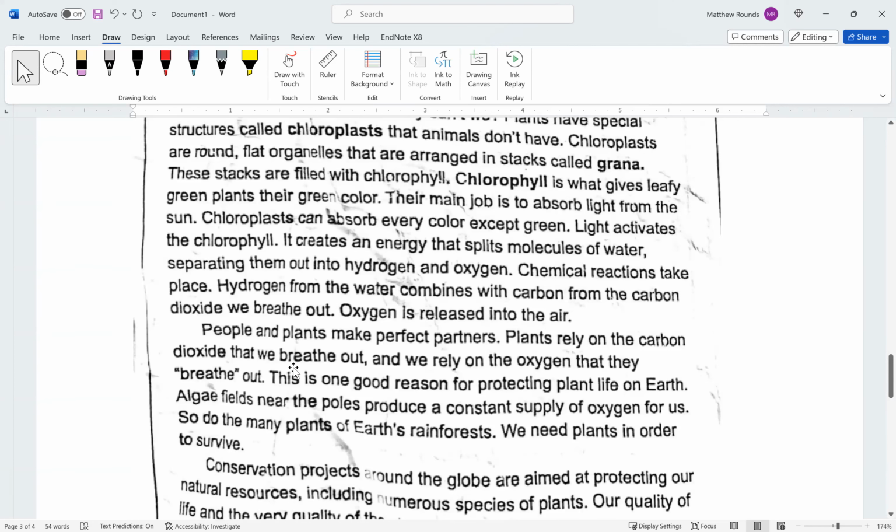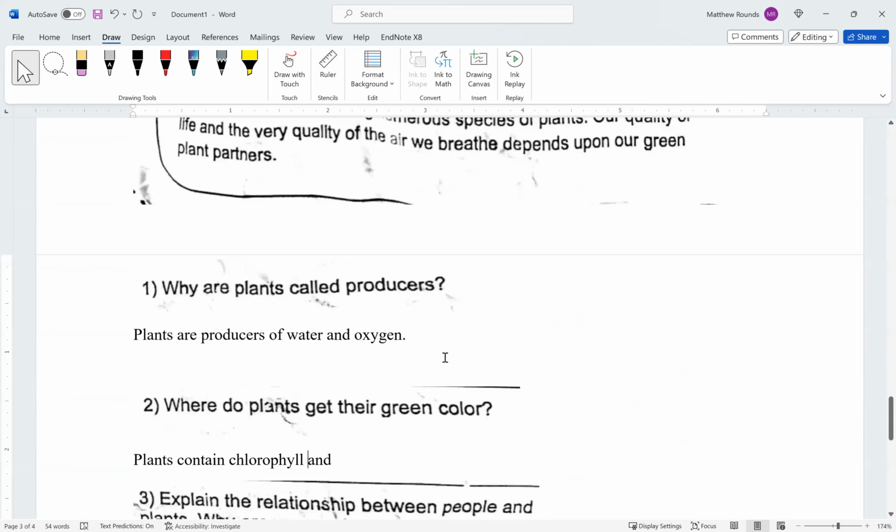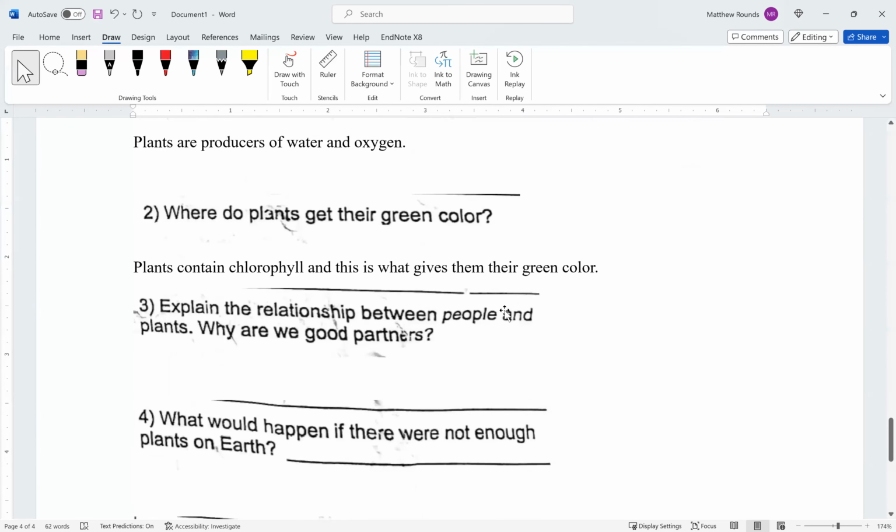And this is what gives them their green color. Got it. Okay, could you read the third question?